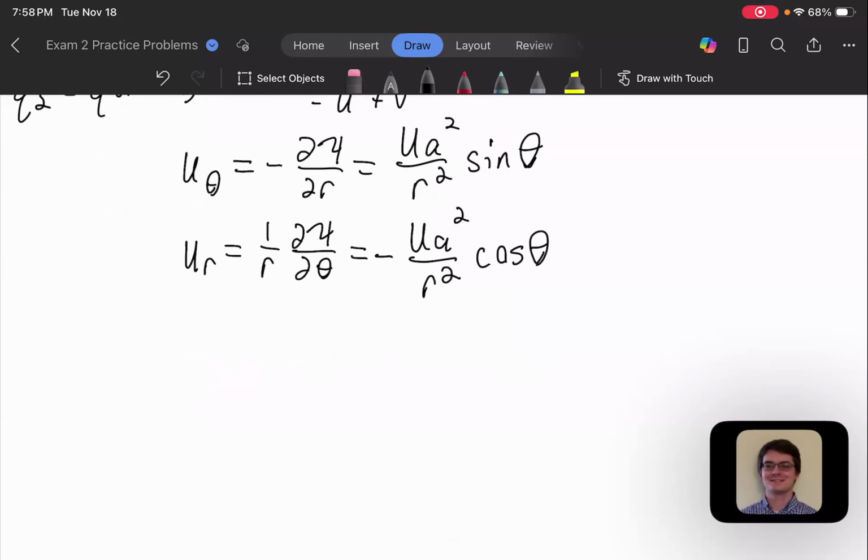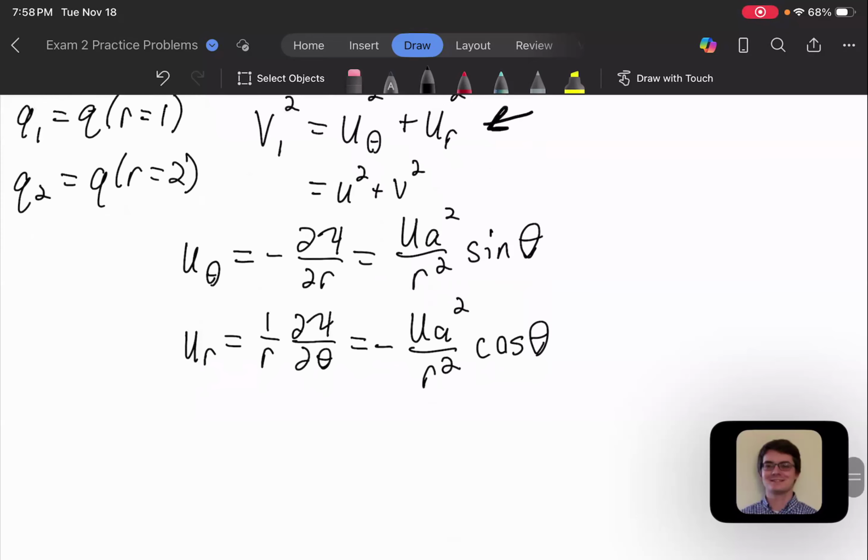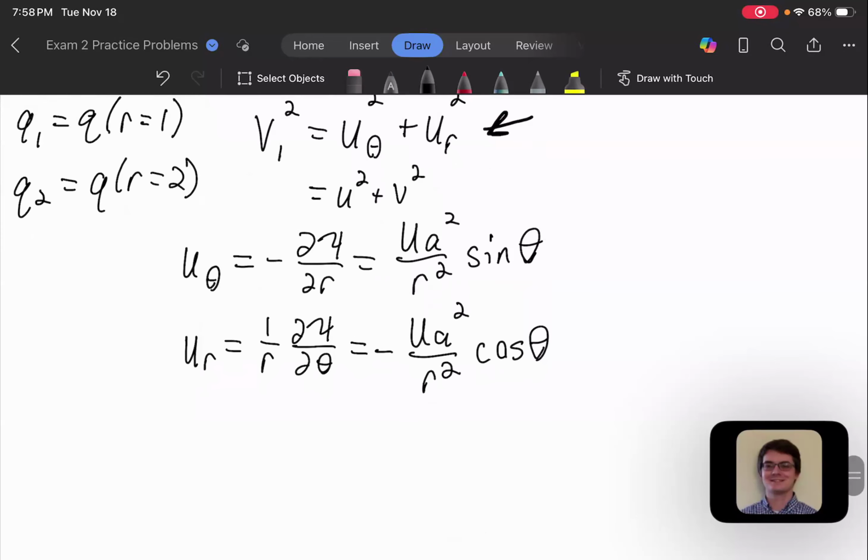Okay. So now to find the velocity magnitude, what we get is v, I'll drop the subscript here just to keep it more applicable.